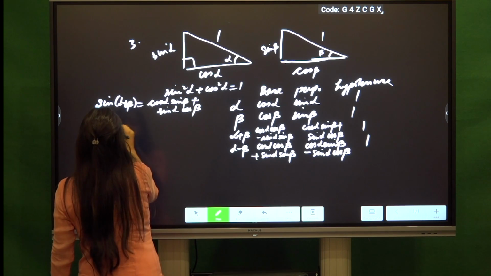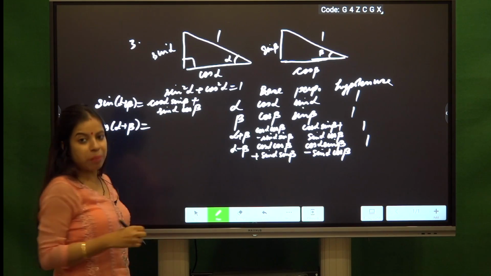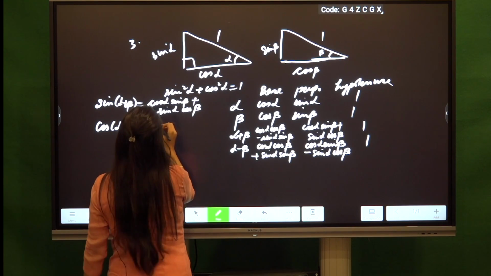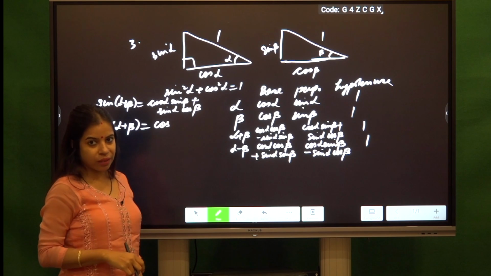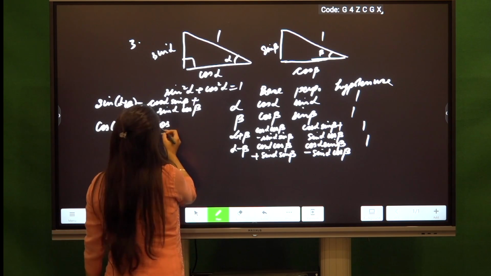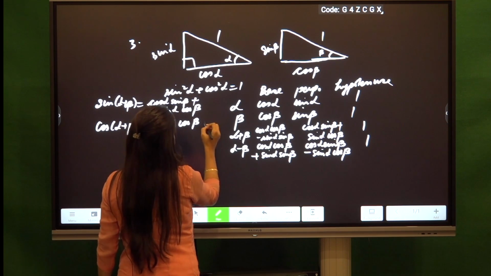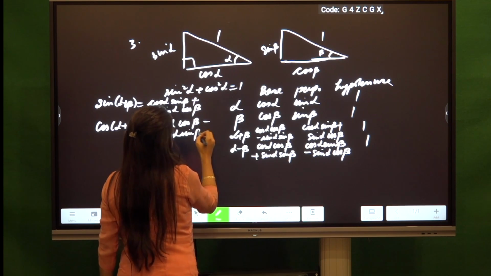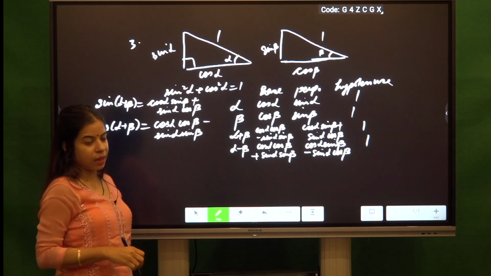Next, cos alpha plus beta is base upon hypotenuse. So, this is cos, remember here the denominator is 1. So, I am writing this as it is. Okay. So, for the second we have cos alpha cos beta minus sin alpha sin beta upon 1, which is the formula itself.